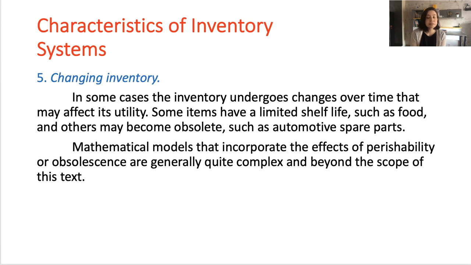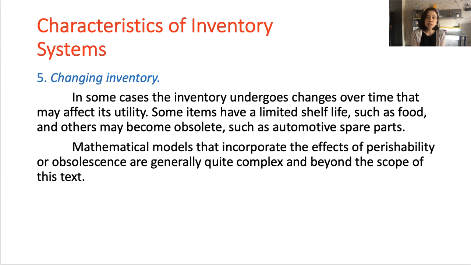The last characteristic of inventory systems is the changing inventory. In some cases, the inventory may change over time, and this change may affect its utility. Think about food. You know, food packages mostly have an expiry date. I mean, we see that this food is best before that date.